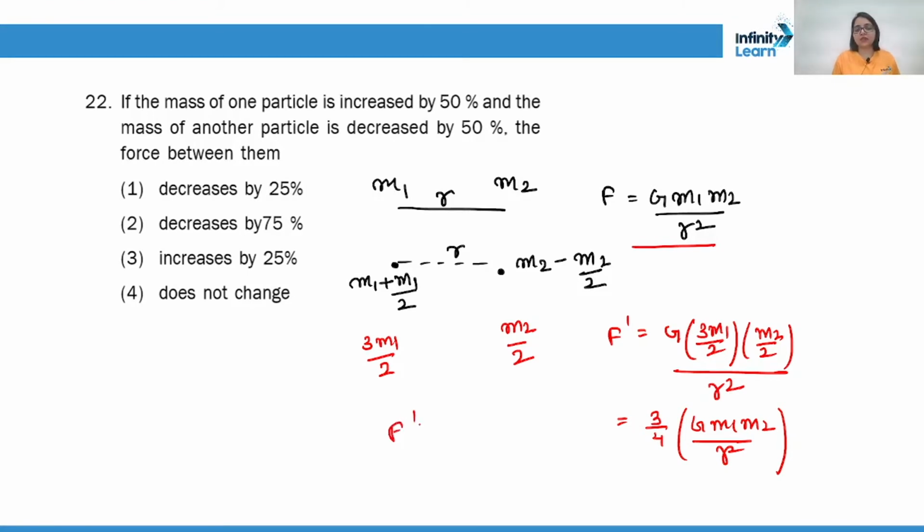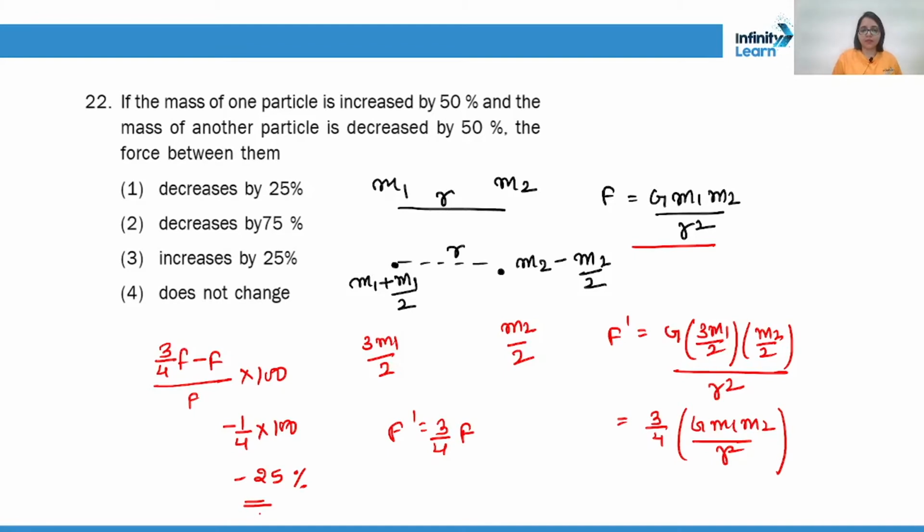So F dash will be 3 by 4 F. Now percentage change in F will be new force minus old force divided by old force into 100. So it will be minus 1 by 4 into 100, which is minus 25%. So if you look at it, it is negative. That means the force is decreasing by 25%.